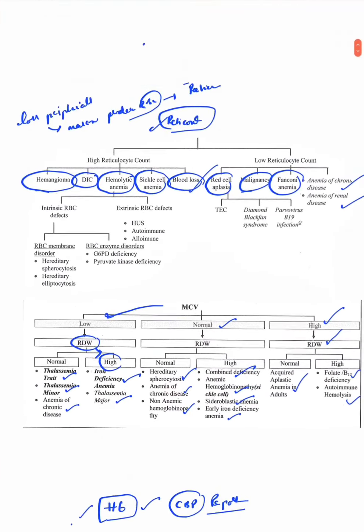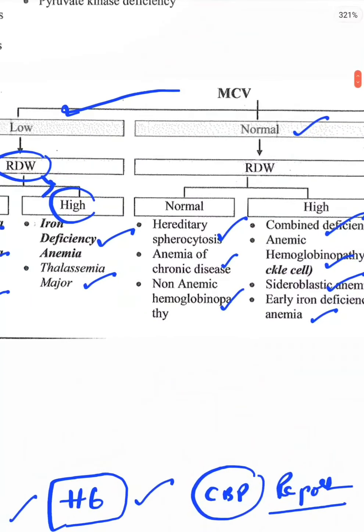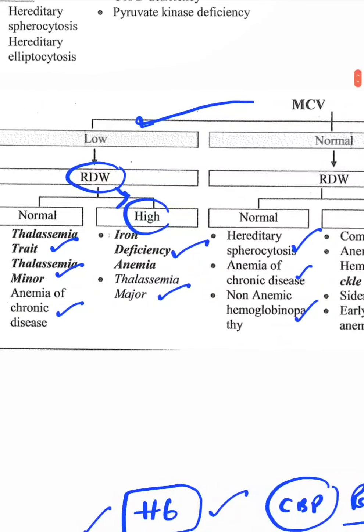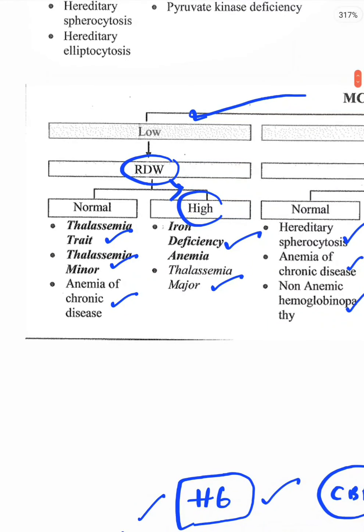If it is microcytic anemia and RDW is high, we consider iron deficiency anemia or thalassemia major. If RDW is normal and it is microcytic, we consider thalassemia minor, thalassemia trait, anemia of chronic disease.